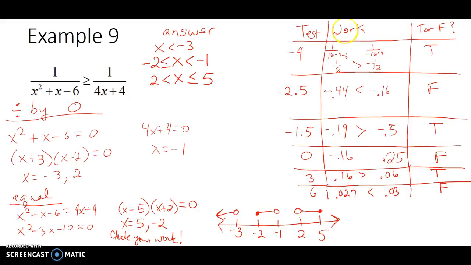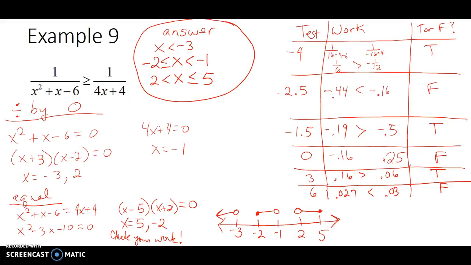And I used a table to organize all my work, so I had to test a number from each of these intervals, and you'll see the number I tested in my work, and then the conclusion about whether it made the original inequality true or false. And here is a number line of my solution, and here is my answer written using inequalities.